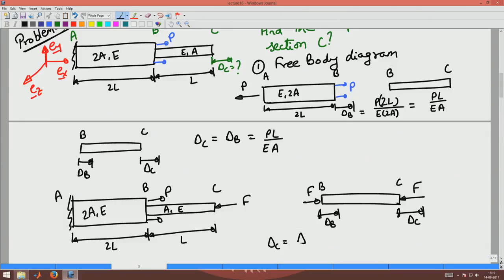would be delta B plus, in this case it is a compressive force, so minus F into the deformation caused by this force F, which will be again given by PL by AE.